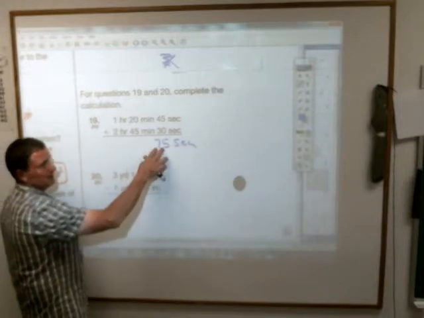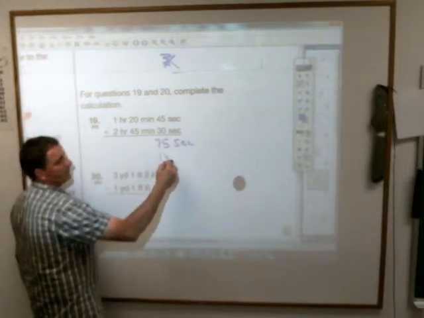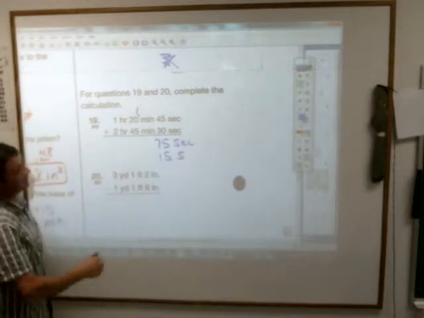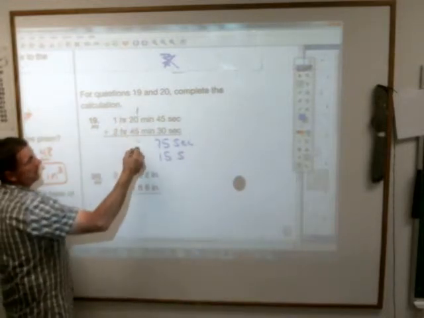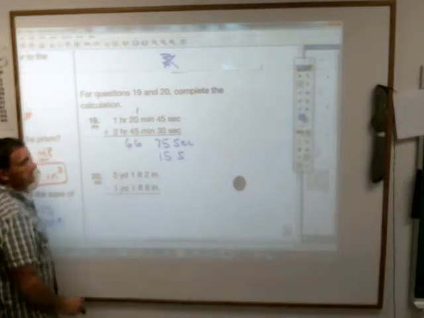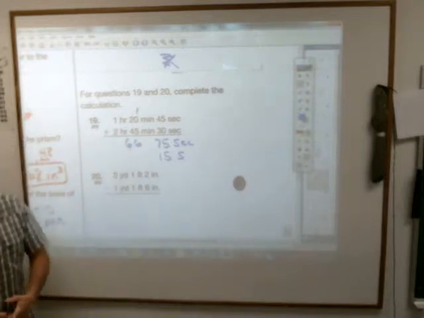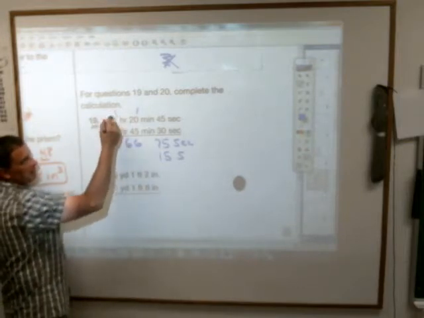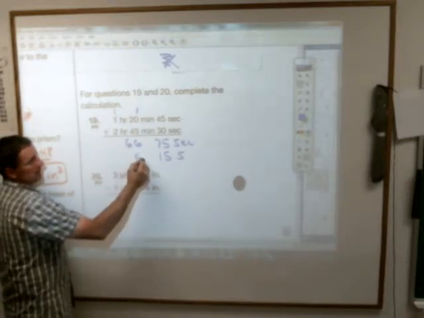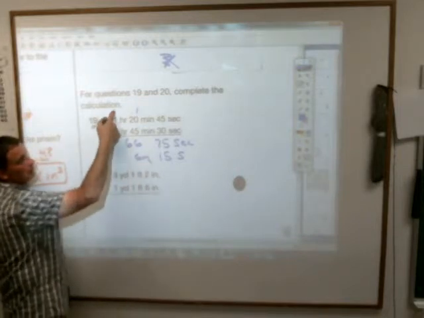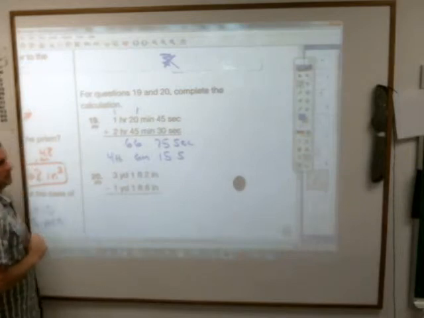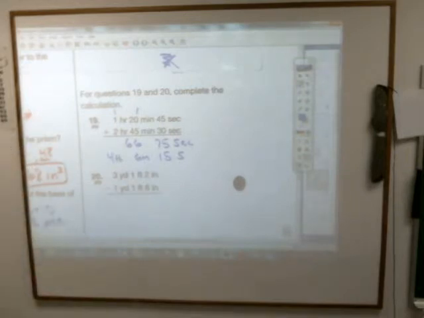I have to take 60 away because that's how we make a minute. So I'm left with 15 seconds. I add 1 to the minutes. I get 66 minutes. And again, I don't save 66 minutes because that's more than an hour. I take 60 minutes away so I can put an hour over there. I'm left with 6 minutes. 1 plus 1 plus 2, I get 4 hours. 4 hours, 6 minutes, 15 seconds.